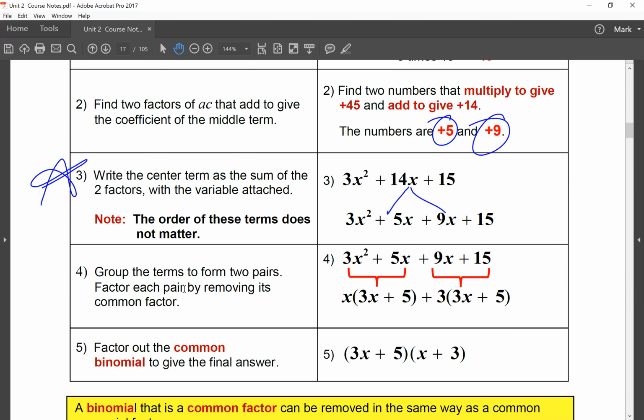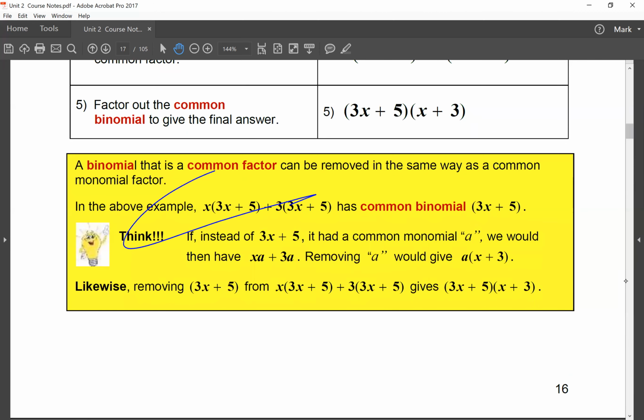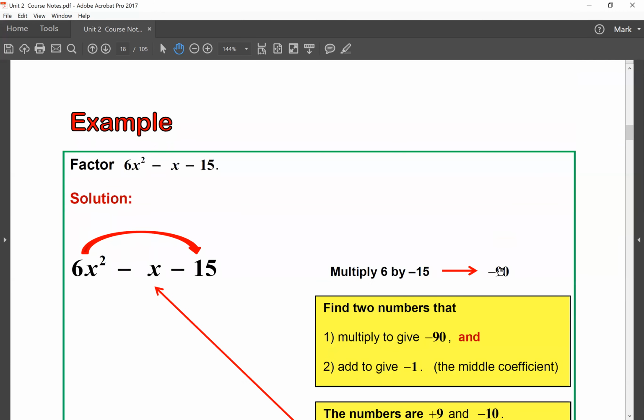Step 4 says group the terms to form two pairs. Factor each pair by removing the common factor. It's factor by grouping, kind of what I showed you earlier. And there's a big light bulb thing here. Let me show you one.